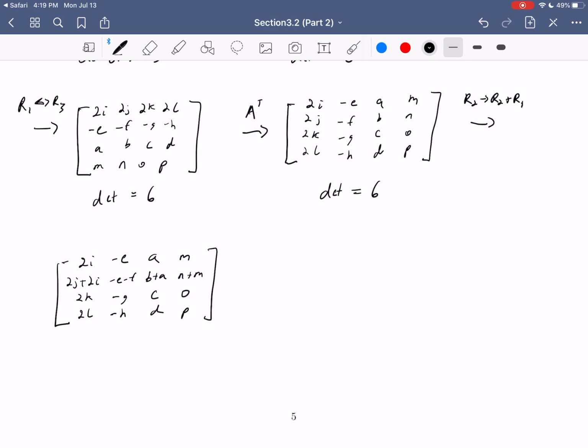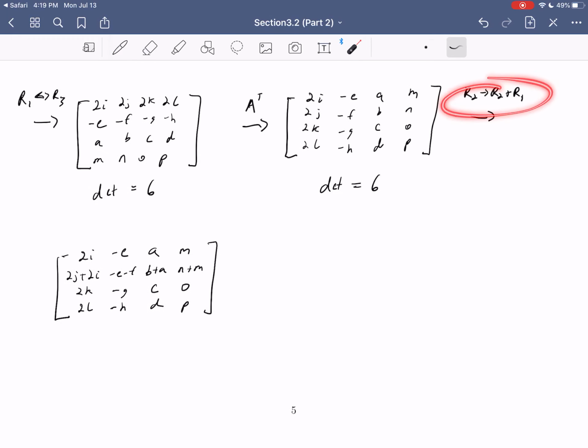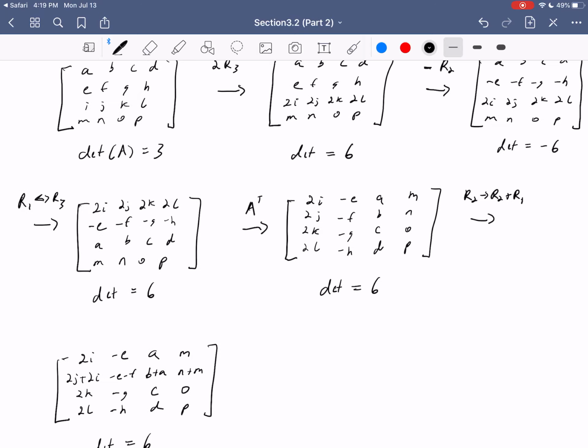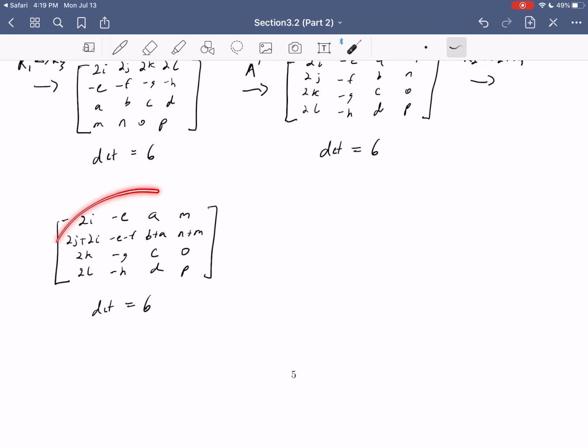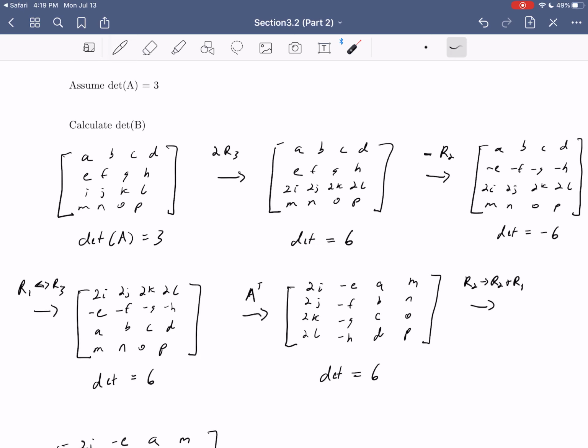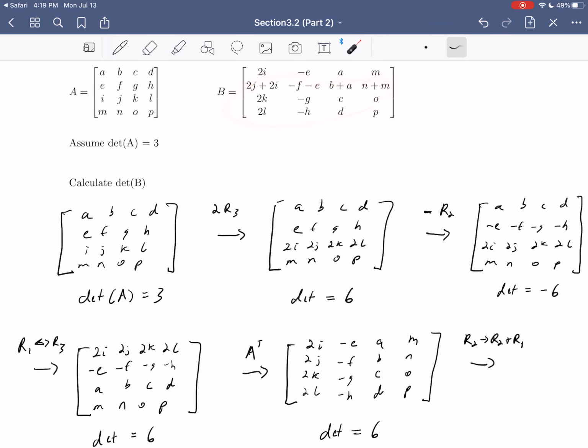And because this is the third type of elementary row operation, we know that the determinant here would be 6. So we can conclude that the determinant of the matrix we were actually interested in would be equal to 6, based on the fact that the determinant of this original unknown matrix was equal to 3.